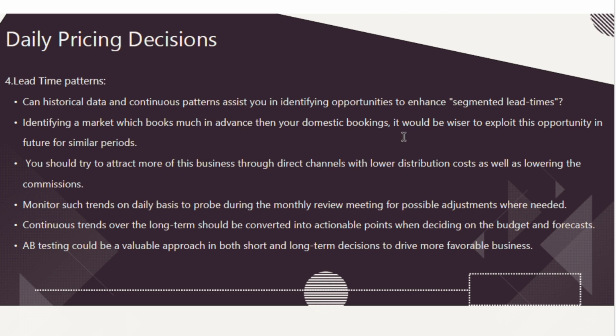You also have to monitor the trends on a daily basis to probe during the monthly review meeting for possible adjustments where needed. So on a daily basis, by looking at the pickup trends, lead time patterns, etc., you see from which segment you are receiving more bookings or fewer bookings.